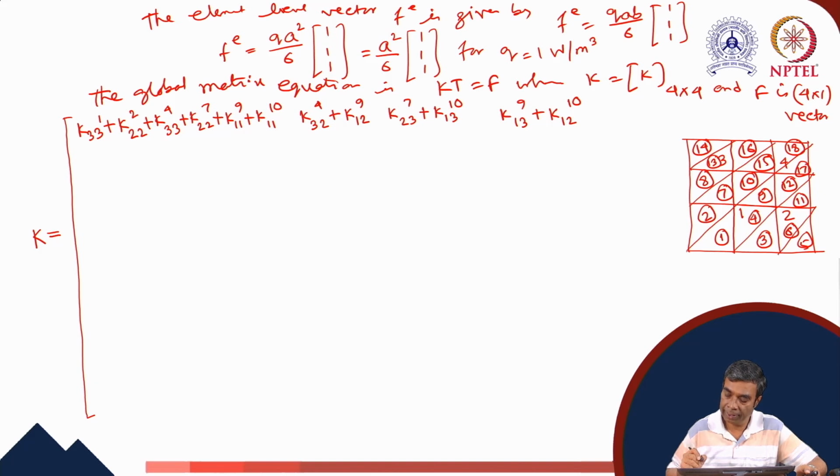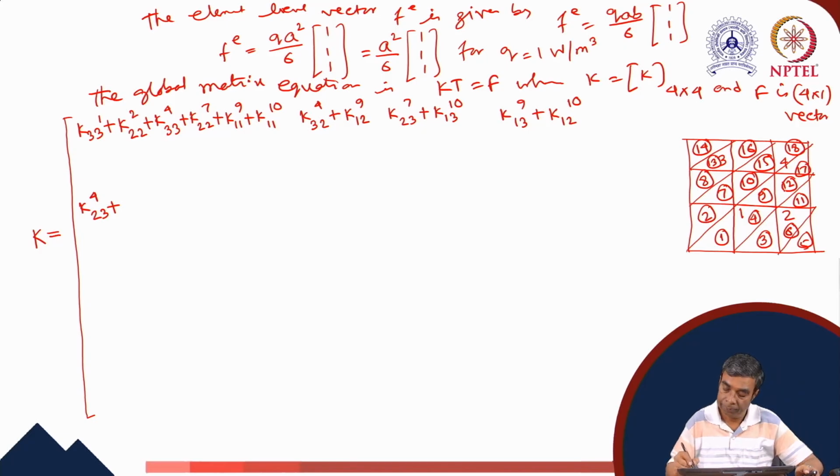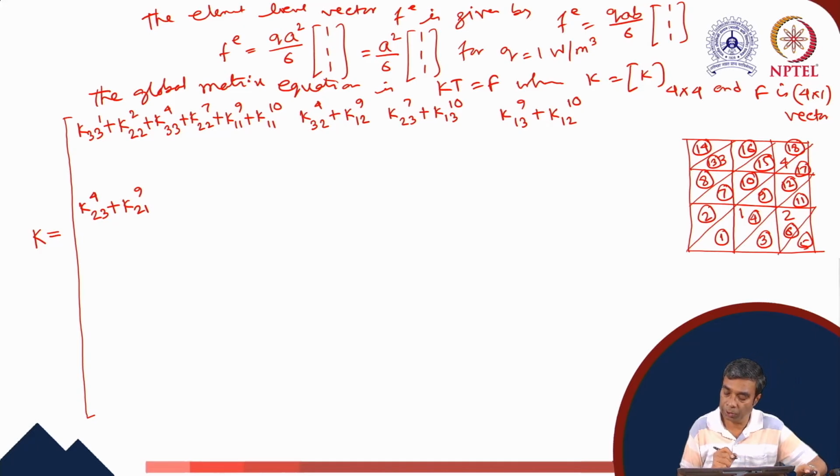This is K21. So K21 will be equal to K234 plus K219. So we have got the K21 term. Next we construct the K22 term.